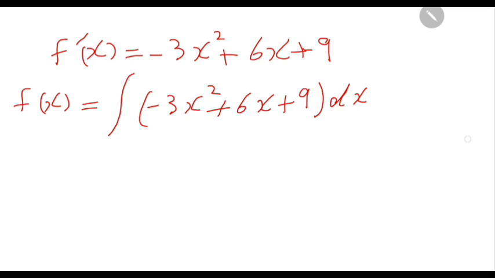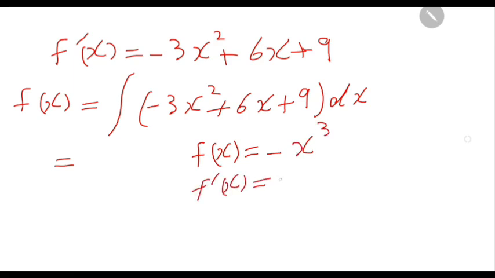We're going to integrate with respect to x. Say we have -x power 3, and I need to apply the first derivative here. That's going to be -3x power 2. This 3 multiplies with the coefficient, and then you subtract 1 from the power. That's my first derivative.